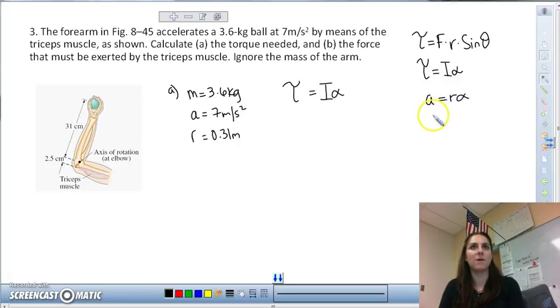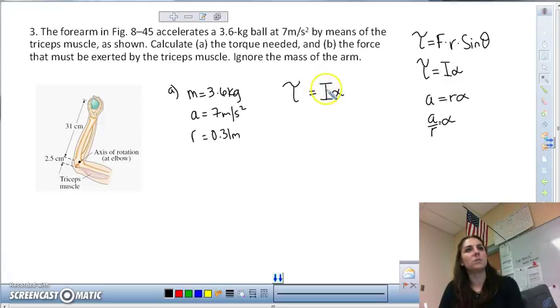So a over r will give me my alpha, which is what's needed to solve this problem. So let's go ahead and do that.